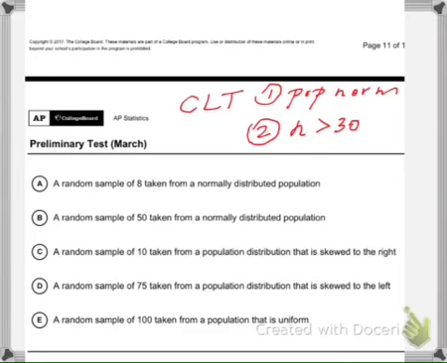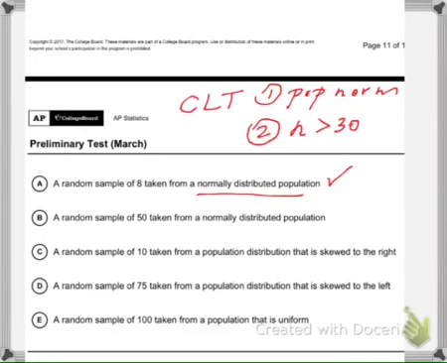So let's take a look at which of these follows one of those conditions. Well, here we have check, so that one's okay. We're looking for the one that does not make it appropriate to assume the sampling distribution of the sample mean is approximately normal.